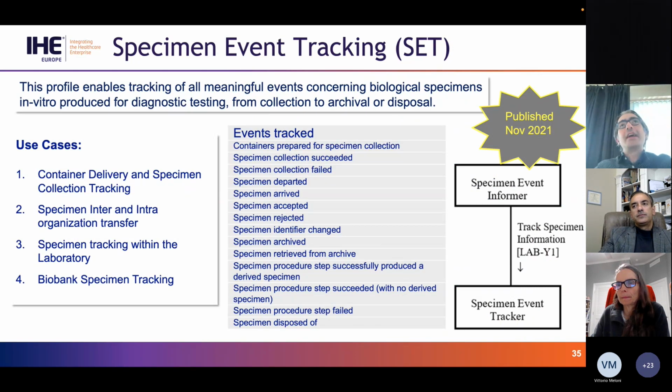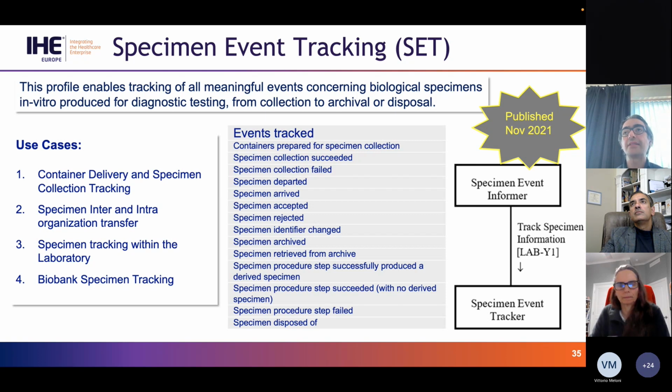And this profile has some history from which it came, because the first idea was that in the context of the LBL profile, laboratory specimen barcode labeling, we wanted to create a new transaction to ensure that once a broker machine has created and produced a labeled container, the production of the labeled containers and also the collection of the specimen will effectively occur. So we want to trace these two events.